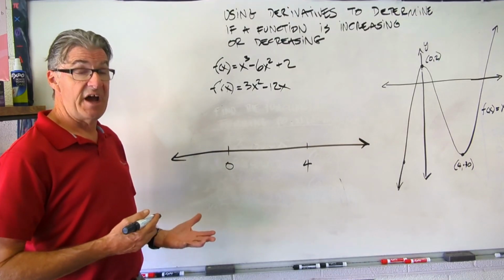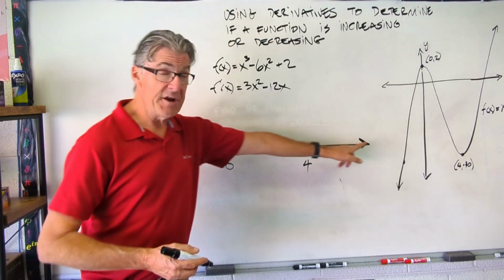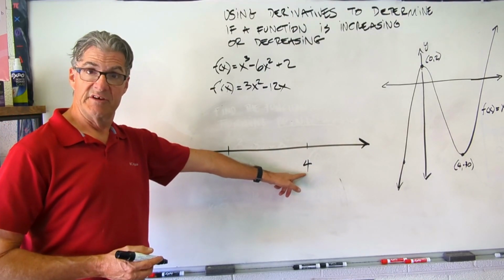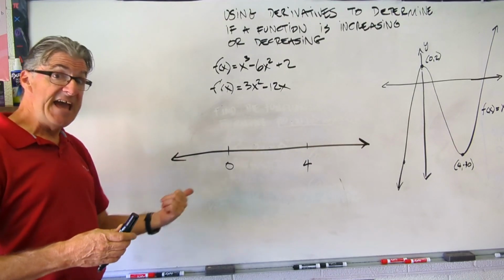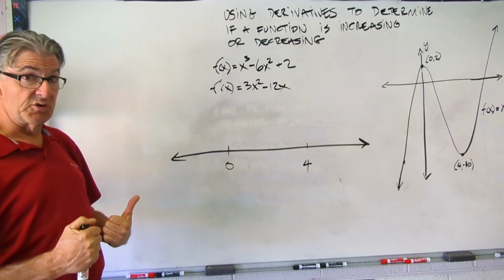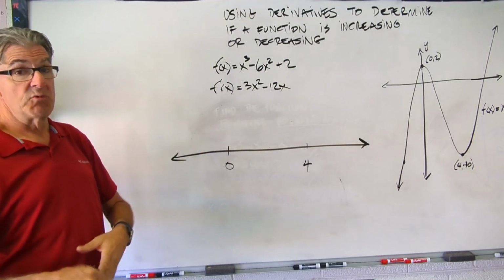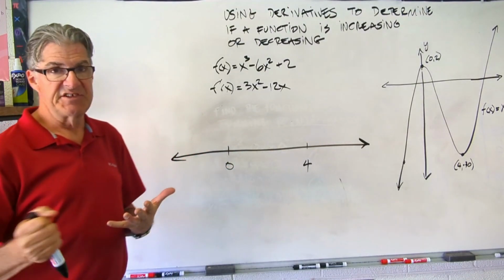You're going to need to do things algebraically. So what I did is I drew a number line here with the x coordinates of my turning points, because the derivative function is going to be negative when the original function is decreasing. The derivative function will be positive when it's increasing, and again, negative when it's decreasing.